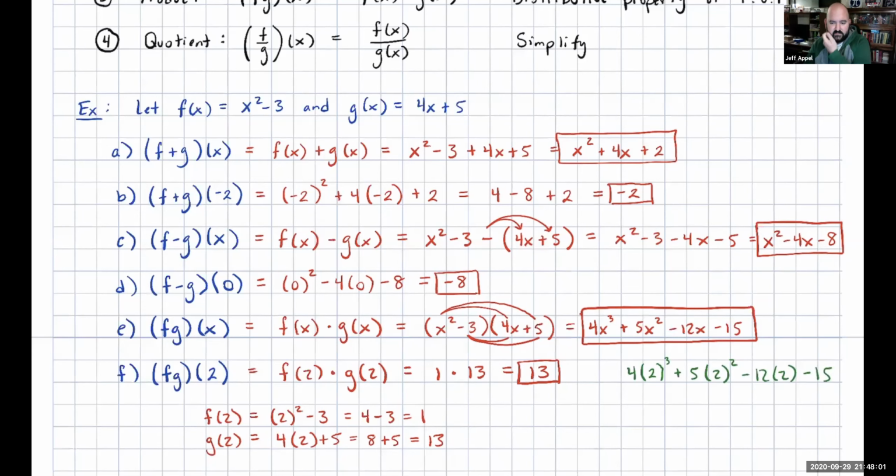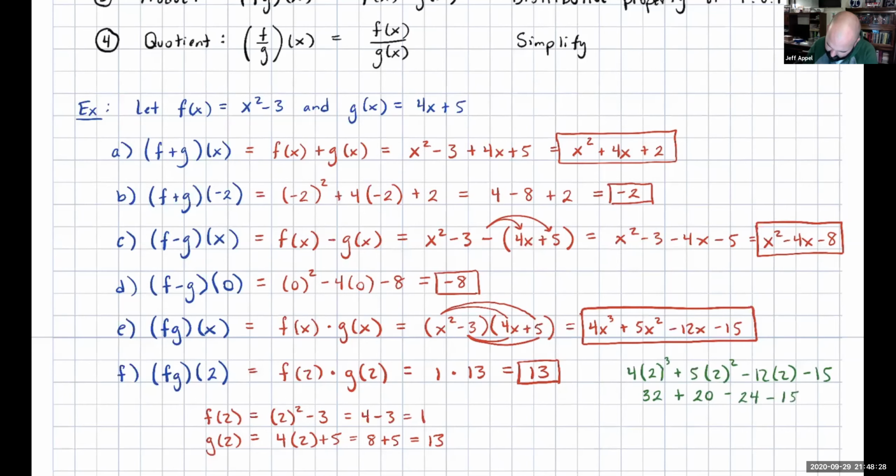So 4 times 2 to the 3rd. Well, we have to do 2 to the 3rd power first, so 2 to the 3rd would be 8, and then 8 times 4 makes 32. Plus, here we would have to do 2 to the 2nd power, which makes 4, and then multiply it by that 5 in front. So 4 times 5 is 20. And then minus 12 times 2, so minus 24, minus 15.